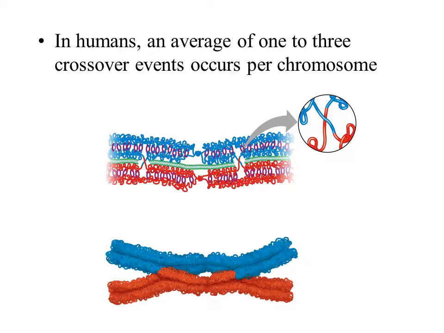The bottom red is all mom. The 2 closest chromatids that are in the middle, they're going to have some dad mixed with some mom and some mom mixed with some dad. So in humans, an average of 1 to 3 crossover events will occur per chromosome.